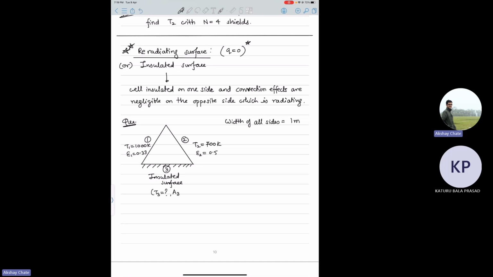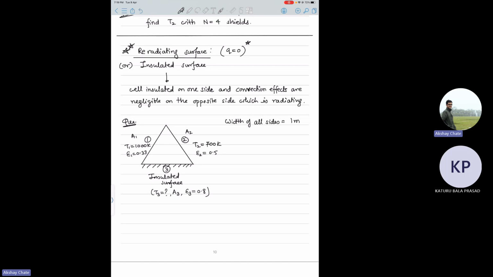The areas will be the same because this is an equilateral triangle, with the same length and same dimensions. And emissivity is given as 0.8.